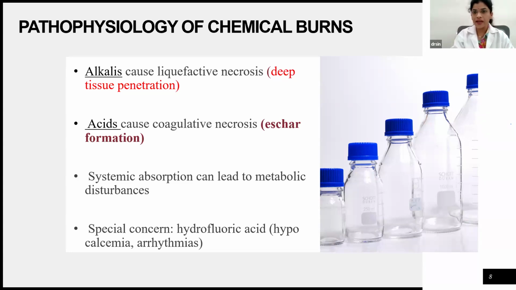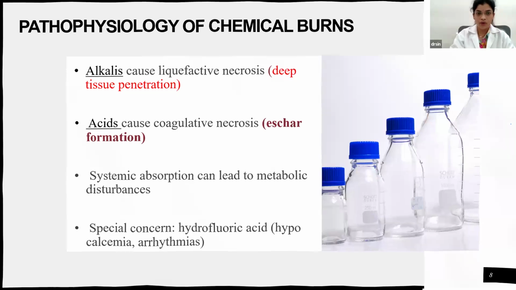Comparatively, alkalis penetrate deeper and cause deeper tissue injury than acids, because in the case of acids, eschar formation prevents further penetration of the chemical. Systemic absorption can lead to metabolic disturbances, and special concern is warranted with agents like hydrofluoric acid, wherein we see hypocalcemia, arrhythmias, and many such complications.